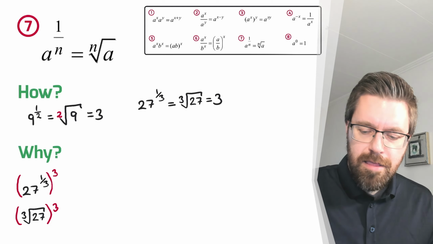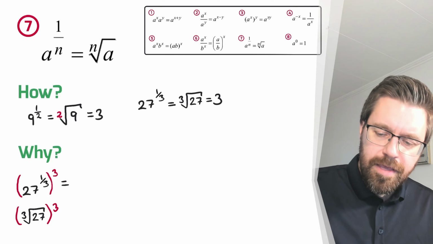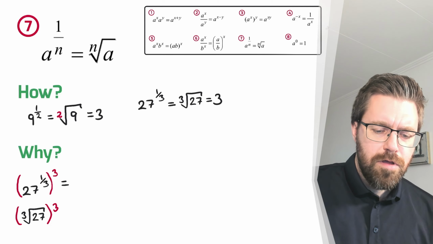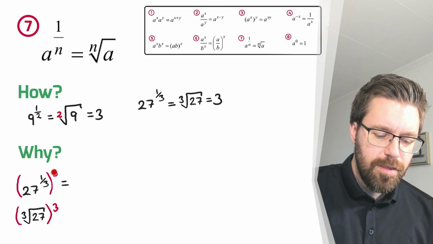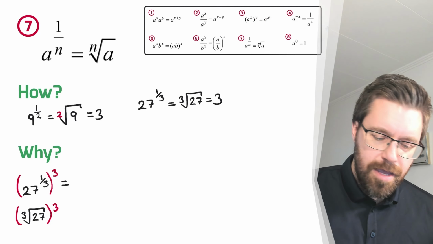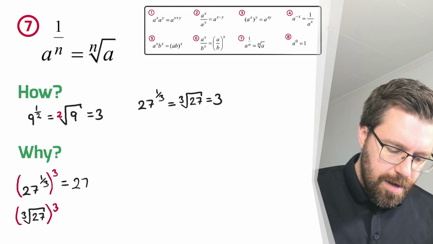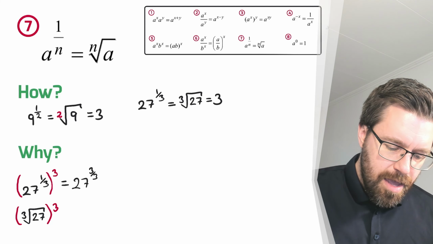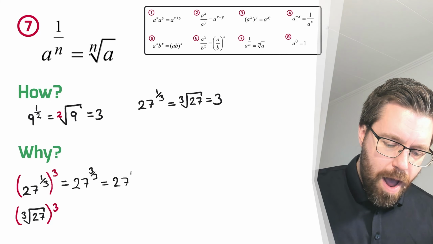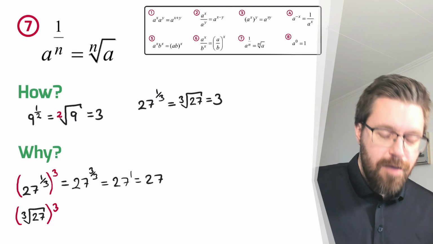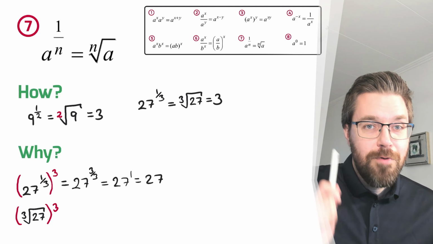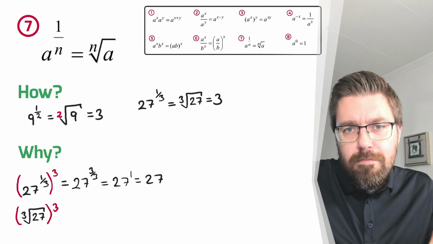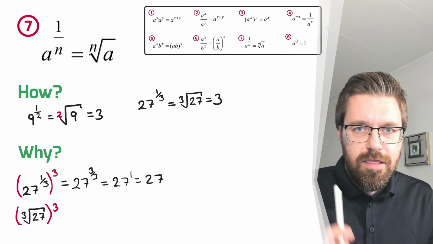But in the first case, here, then we can use rule number 3 and multiply the exponents. And 1/3 multiplied with 3, it equals like 3 over 3, and it equals 1. So this means if we take 27 raised by 1/3 and raise it by 3, it will become 27.